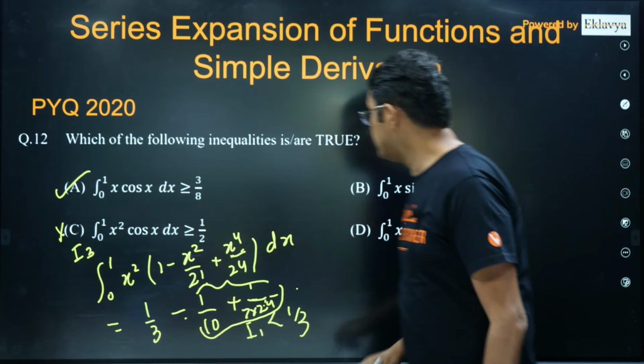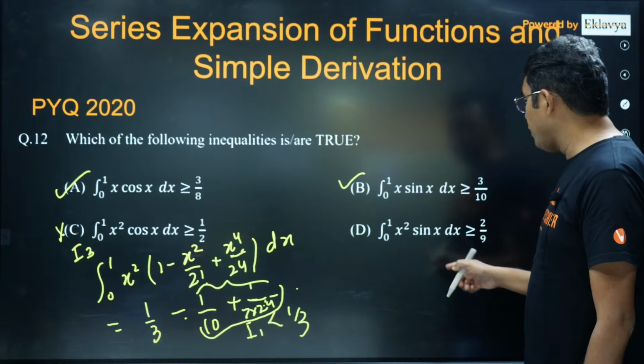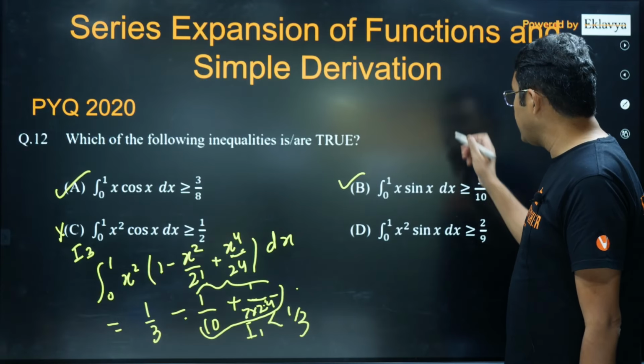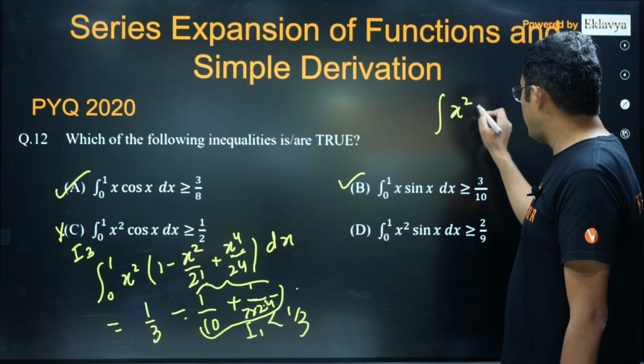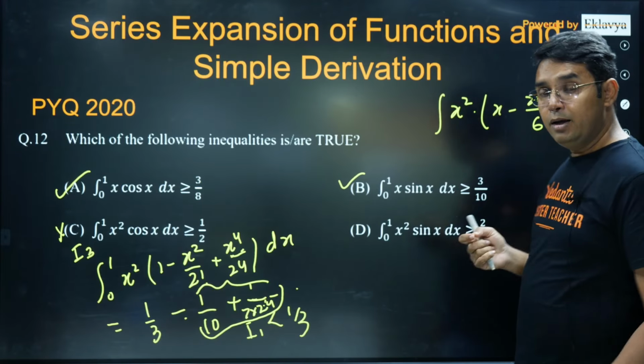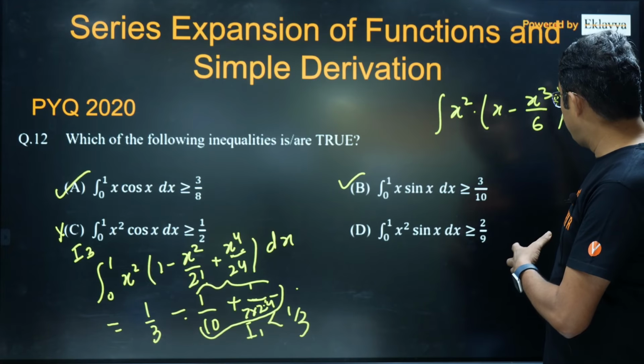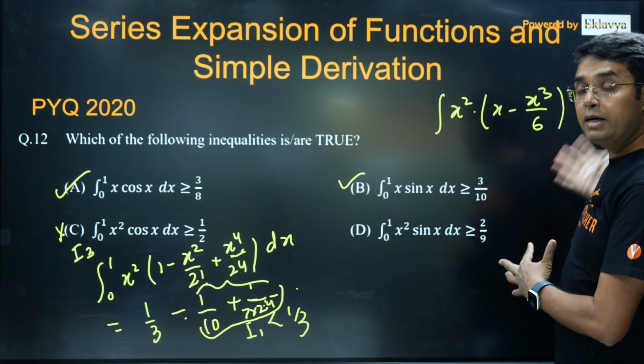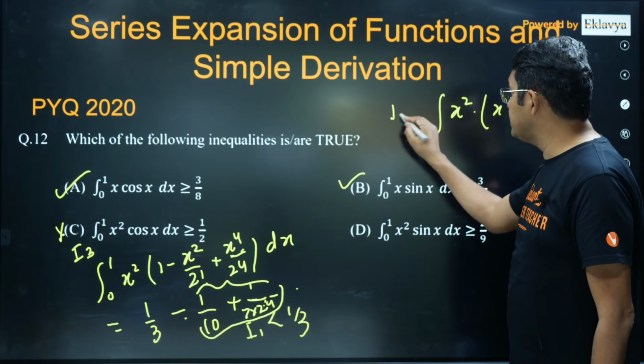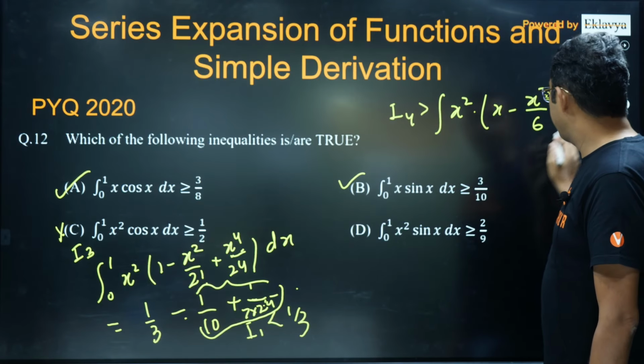So far, A and B are correct options. Now same logic, if you go with x square sin x, it will be x square into x minus x cube upon 6. Whenever you are terminating this expansion with minus and the upcoming term is with plus sign, you can say this will be greater than.